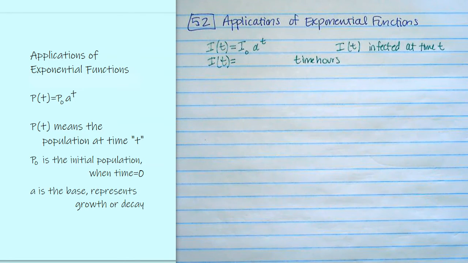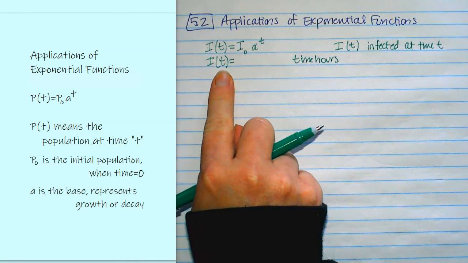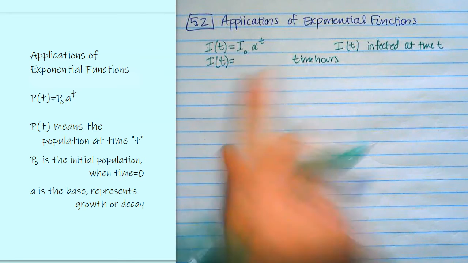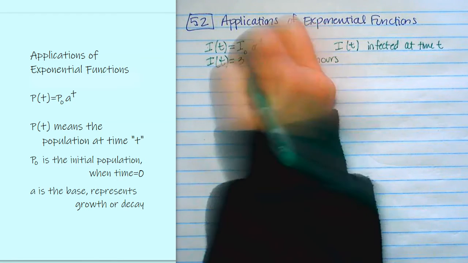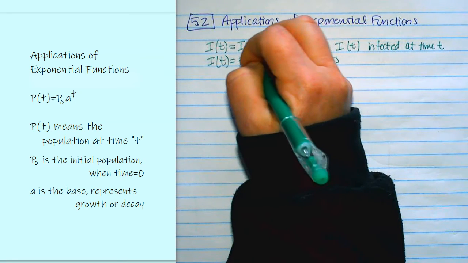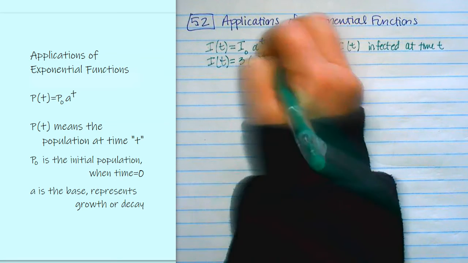So we're talking about some party that's 12 hours long. It's an all-day event. And let's say that I of t, we're going to start with 3 people being infected initially. So 3 people are going to be the initial quantity of people that come infected. And then we're going to have a transmission rate of 2 to the t.